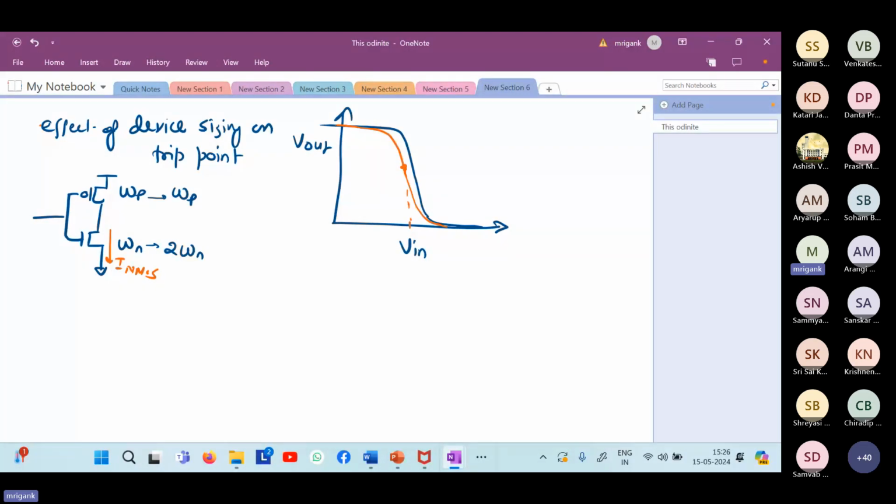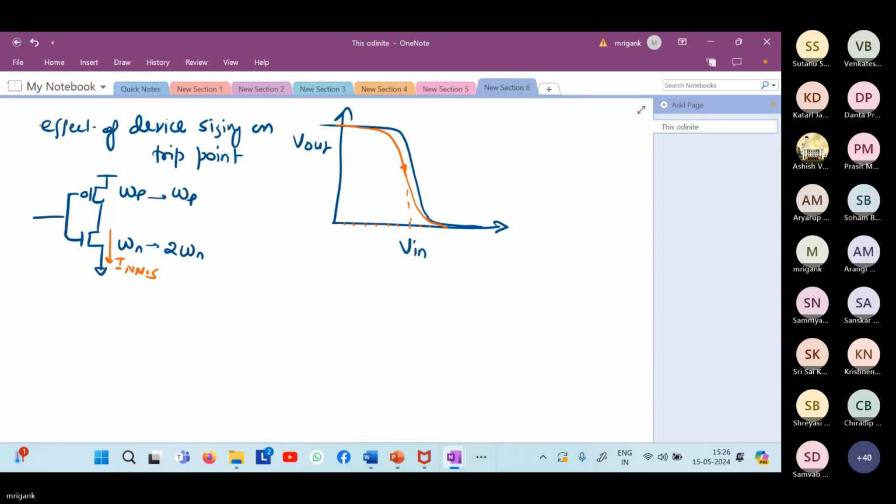Why? Because the strength of the NMOS has increased. For the same input voltage, that means for the same gate voltage of NMOS, now it is sinking more current. And as a result, it will try to pull down the output more strongly. Remember that this is a transfer characteristic. In order to get it, what will you do? You will fix the input voltage at different points. Starting from 0, you go on increasing the input voltage and observe the output voltage.